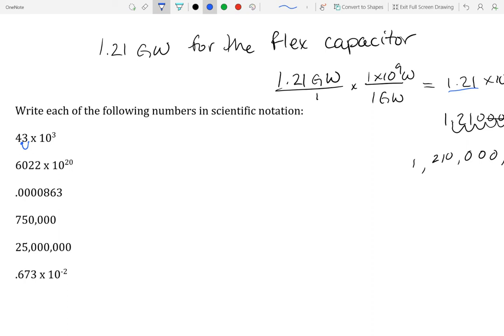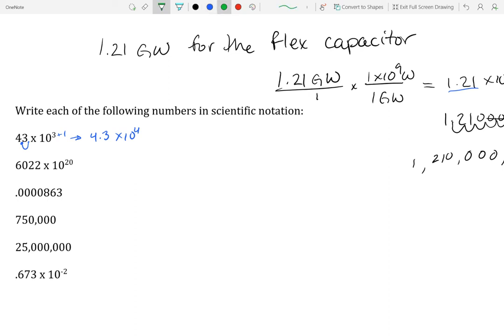So we moved the decimal over 1 spot to the left in order to make 4.3, not 43 point. So we know that we should be adding plus 1 to our exponent, correct? So this should be 4.3 times 10 to the 4. And we still have the 2 significant figures that it gave us. So that is a completely right answer.